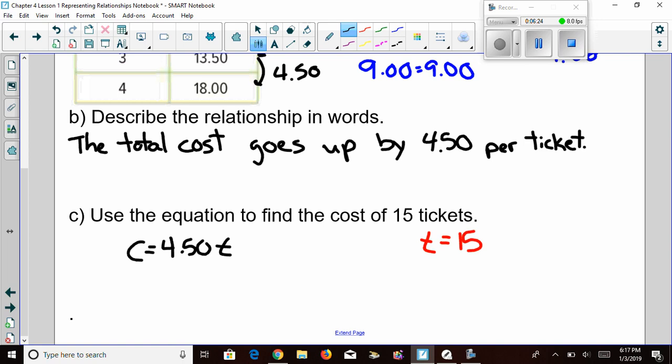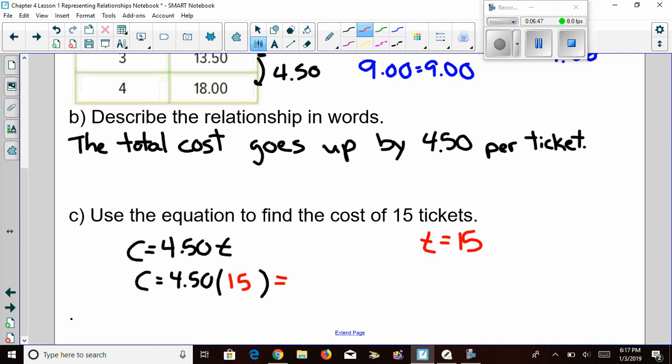So I'm going to go back and substitute or replace the T now with the 15 tickets. Notice that I put it in parentheses. That is because we are going to need to multiply to get our final cost.